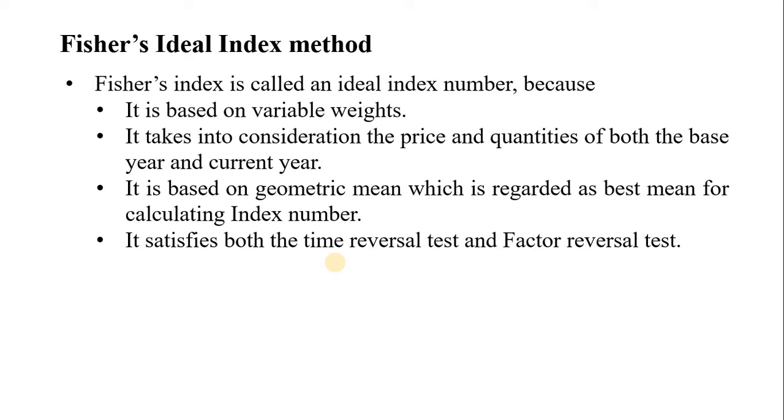So because of these reasons: first, it considers Q0 and Q1 as the weight; second, it is based on the geometric average; and third, it satisfies both the time reversal and factor reversal tests. Due to these factors, the Fisher index number is considered an ideal, most popular and most acceptable index number.